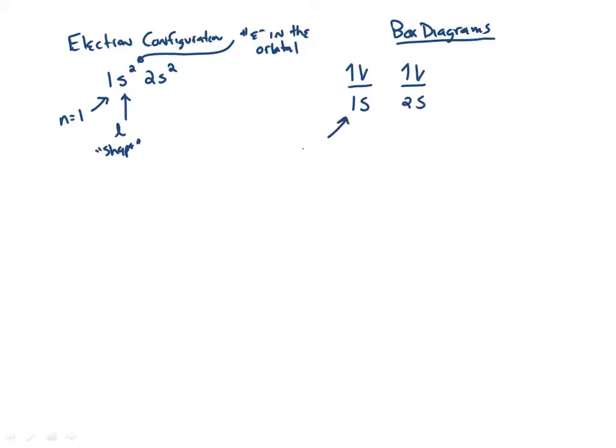So the 1s still has the same meaning. It's the n quantum number. The s means it's an L. And then the up and down arrows represent the m sub s quantum number. So whether we're writing 1s2, 2s2, or drawing little box diagrams, doesn't matter. Preferentially, now on the test both of them will be there, but preferentially we'll generally write electron configurations.